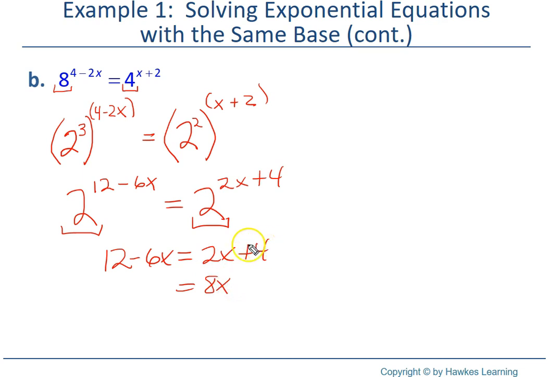Subtract 4 from here, or transpose, and this gives me 8. And I divide both sides by 8 and get x equals 1. And that's what I would stick with here.